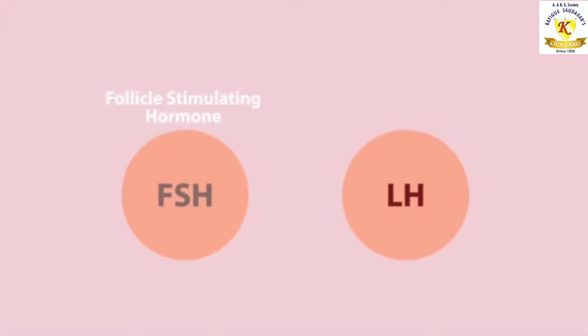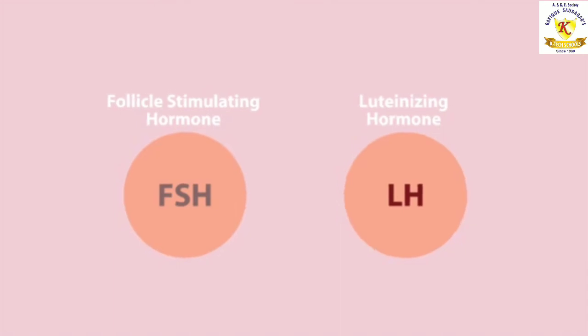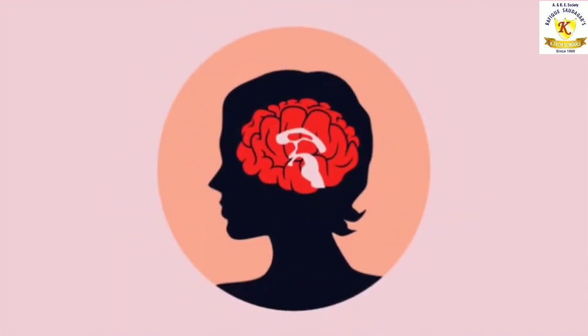Now there are two other hormones also involved: the follicle stimulating hormone, or FSH, and the luteinizing hormone, or LH. Both FSH and LH are secreted by the pituitary gland in the brain.